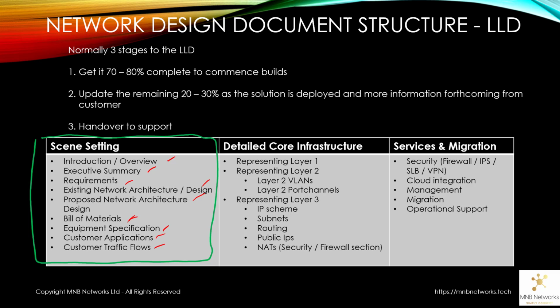The low-level design, similar to the high-level design, is split into what I regard as 3 main sections. So there's setting the scene, which is highlighted in green on the screen already. And this involves various different parts that have probably already been covered to some extent in the high-level design.